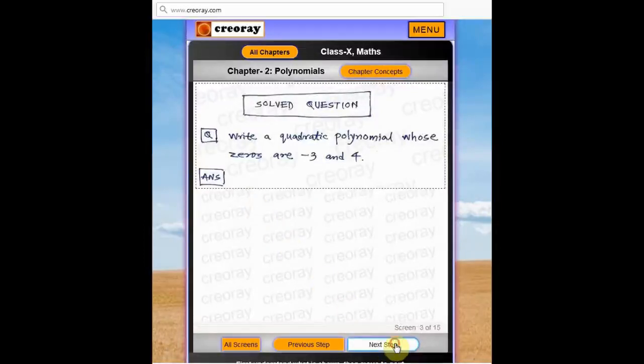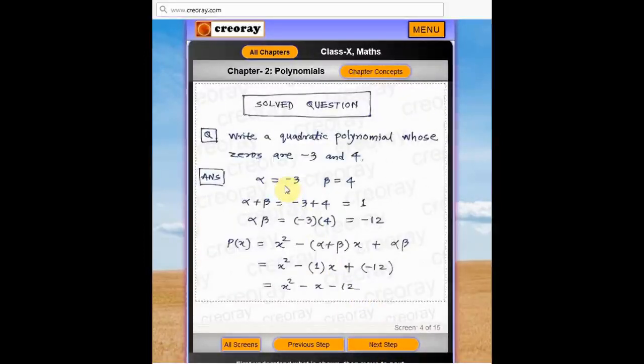Here's the solution. Alpha equals minus 3, that is given in the question. Beta is 4. So what is the sum of these two zeros? Alpha plus beta is minus 3 plus 4. On simplification you get 1. The product alpha beta is minus 3 into 4, that is minus 12. So you have the sum, you have the product.